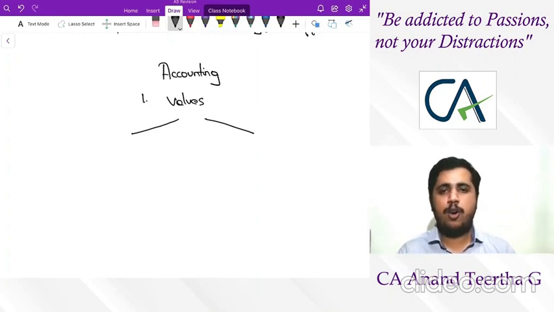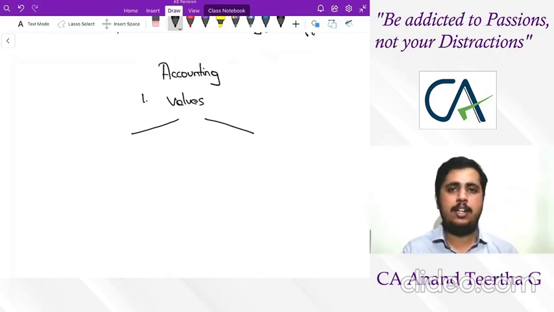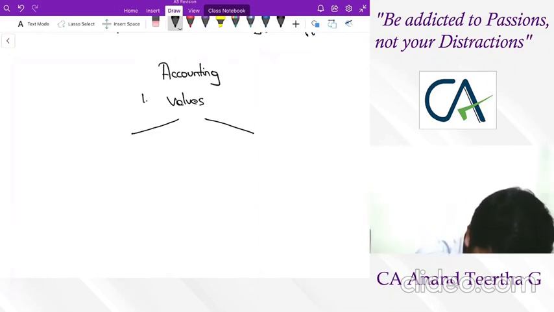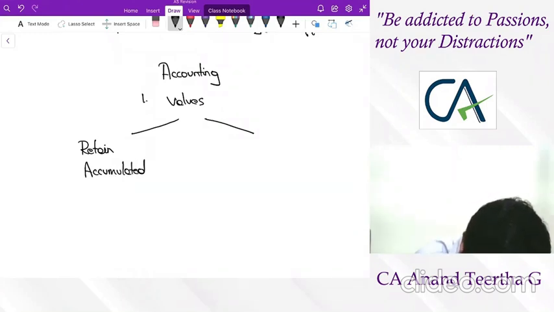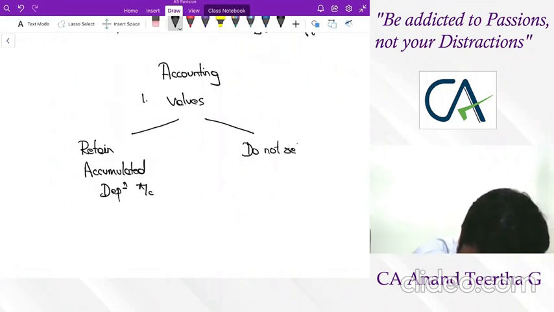Number one, you retain the accumulated depreciation account. Number two, you do not retain the accumulated depreciation account.